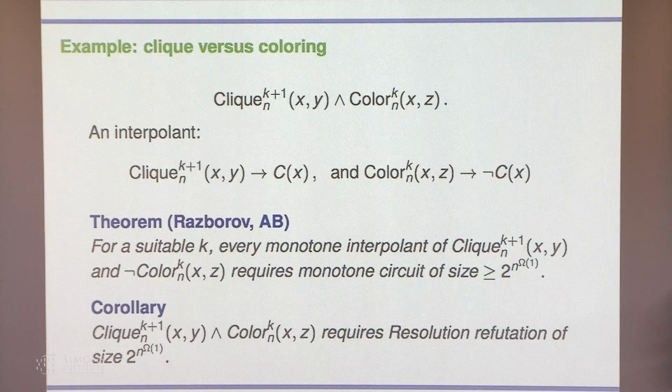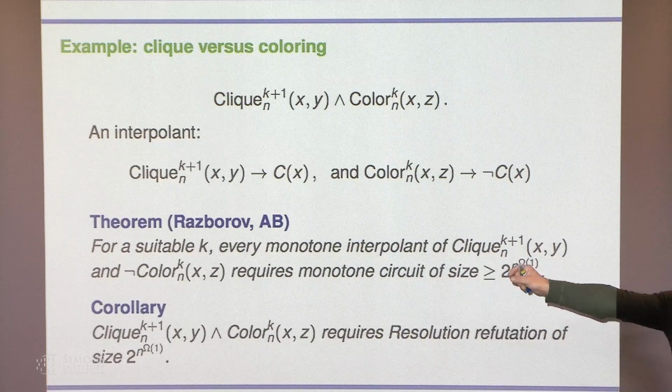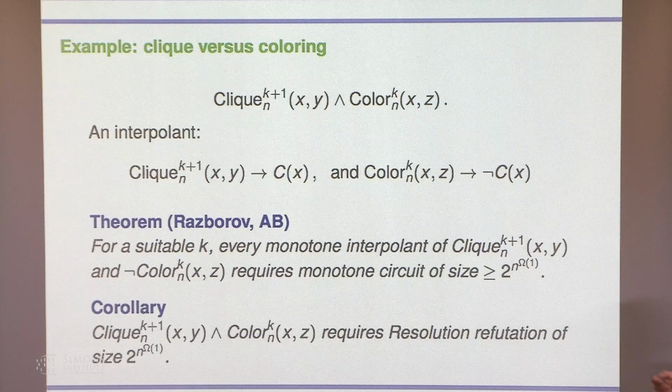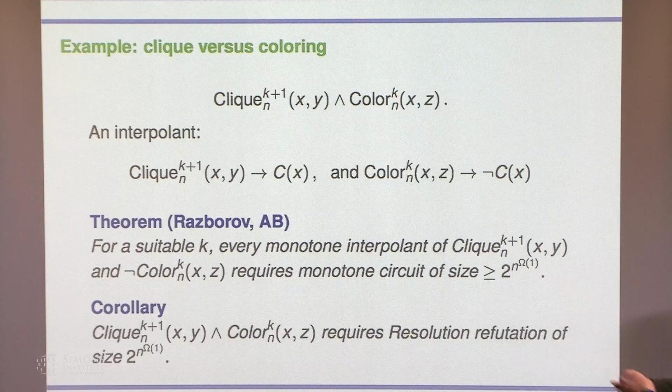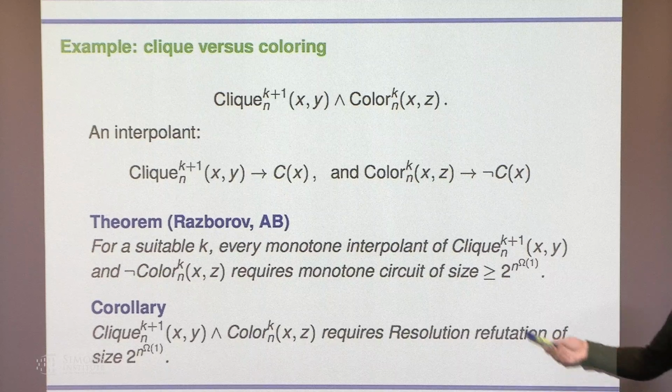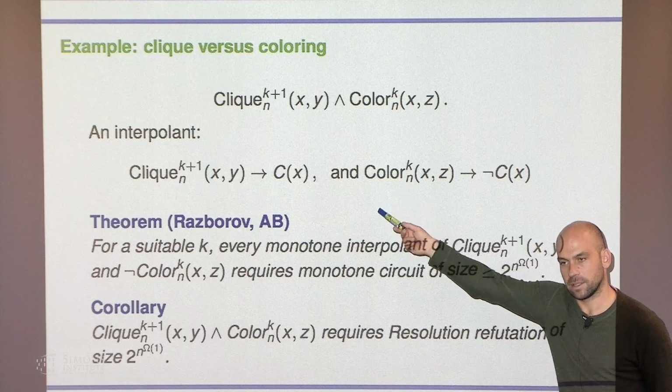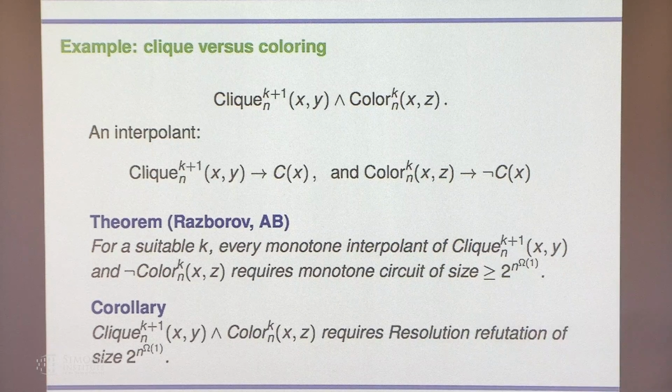That game, after suitably renaming the variables, is exactly the Karchmer-Wigderson game for a monotone function, actually exactly the Karchmer-Wigderson game for the interpolant C. So the communication game we saw before between Alice and Bob corresponds to the Karchmer-Wigderson game of the interpolant.